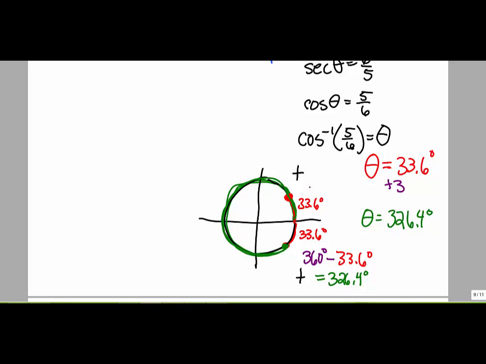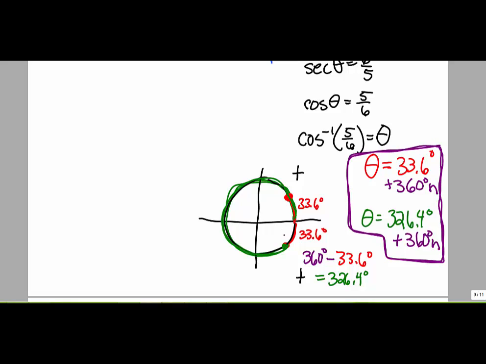So for each of these, since they're not equally spaced and are not halfway around the circle from each other, we are going to just add 360 degrees times n. So these will be all possible solutions to this equation: the two angles that we found on the unit circle, plus all possible coterminal solutions to those two angles as well.